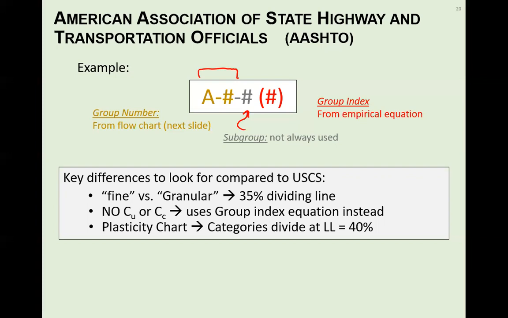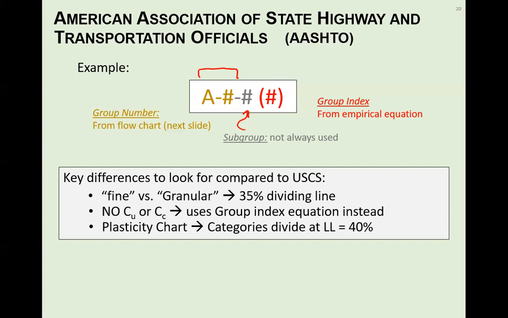So the key differences compared to the USCS, because you'll see a lot of the same things. They still use the grain size distribution, and they still look at the plasticity. But for the USCS, the dividing line between fine and granular was 50% passing the 200. For this, they only look at 35% passing the 200.